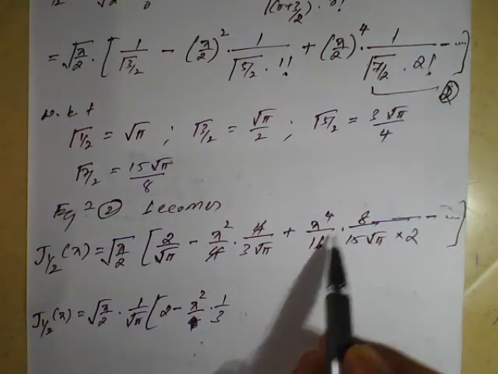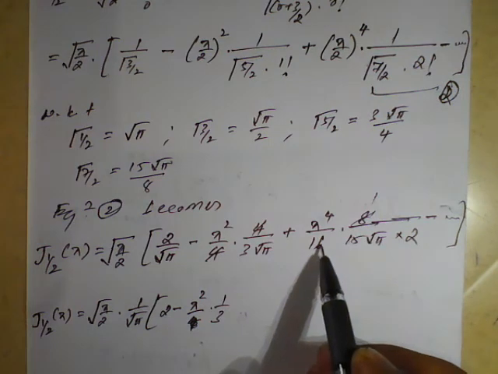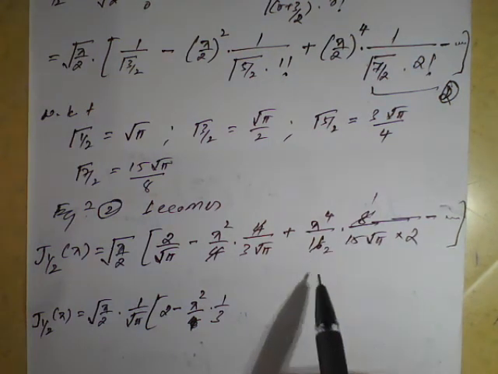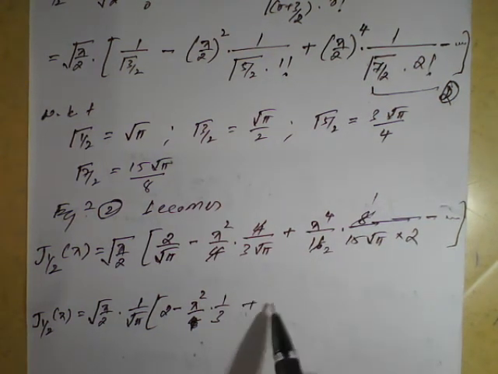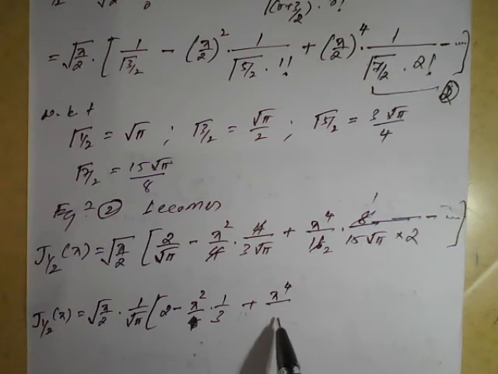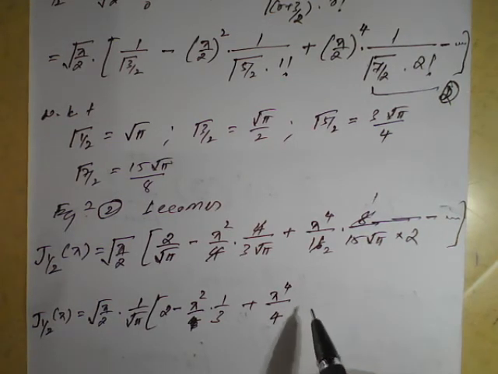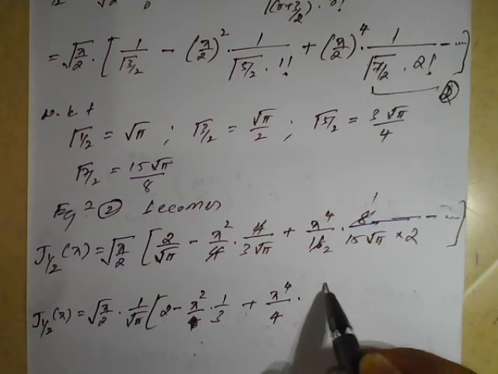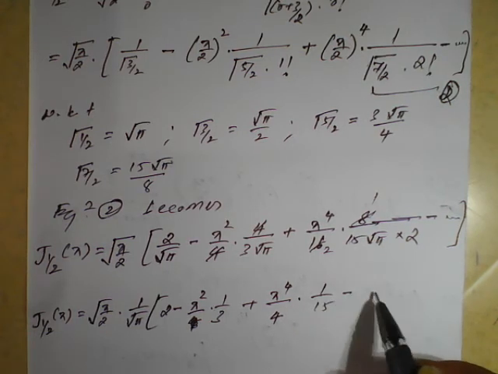Next here, 8 ones are 8, 2 twos are 4, so it will become x raised to 4 upon 4 into 1 upon 15, minus so on.